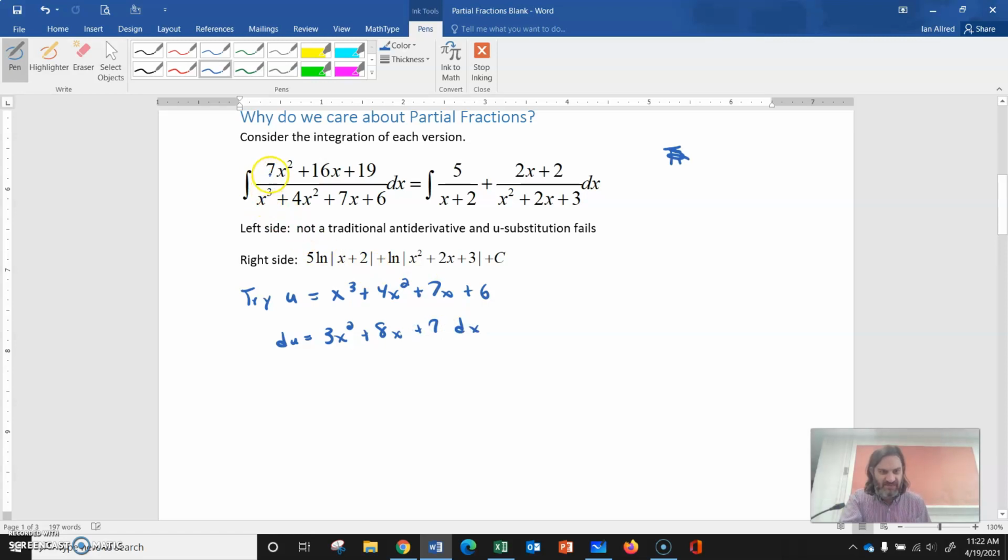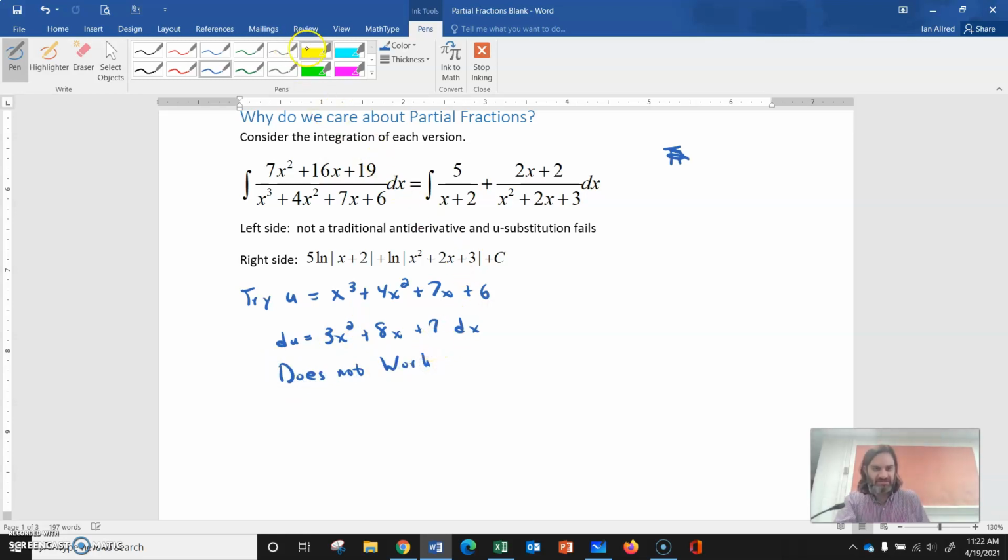And if you look at what we've got for the numerator up here, 7x squared plus 16x plus 19, there are no common factors or multiples that would let us match up this u and du combination. So that just does not work.